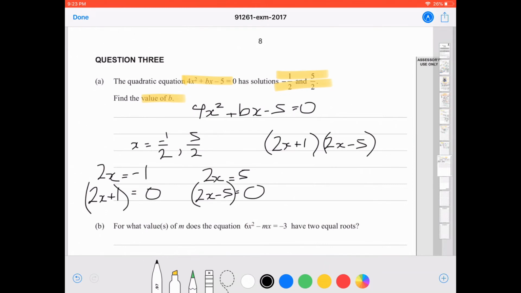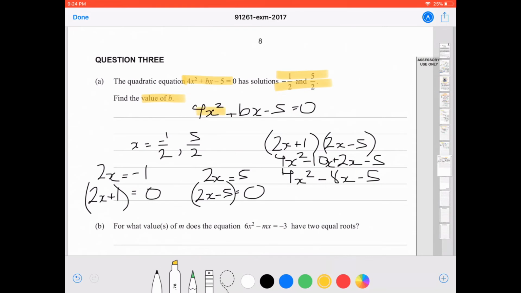So we've got 4x squared minus 10x plus 2x minus 5, and just tidying this up, we've got some like terms in here. 4x squared, minus 10x plus 2x is minus 8x, and minus 5. And you can actually see the terms correspond, right?